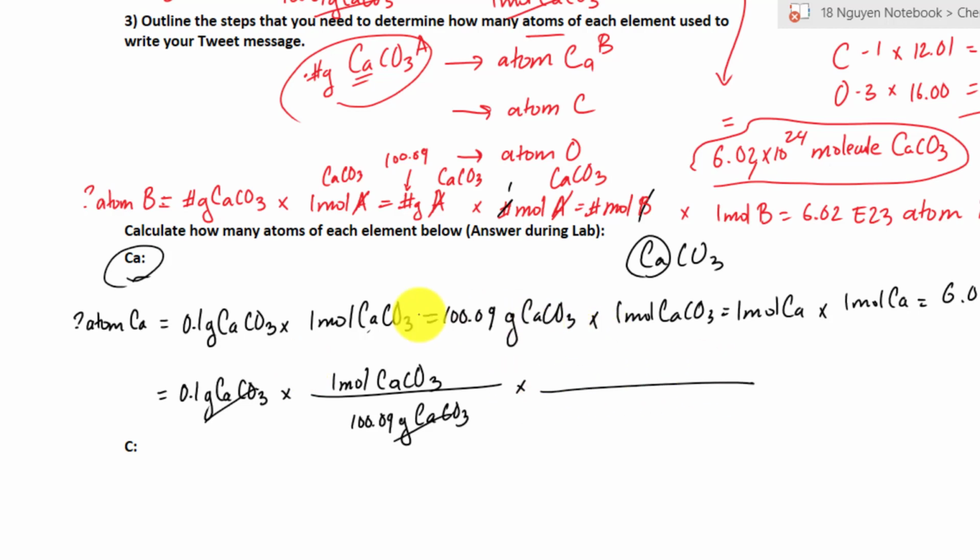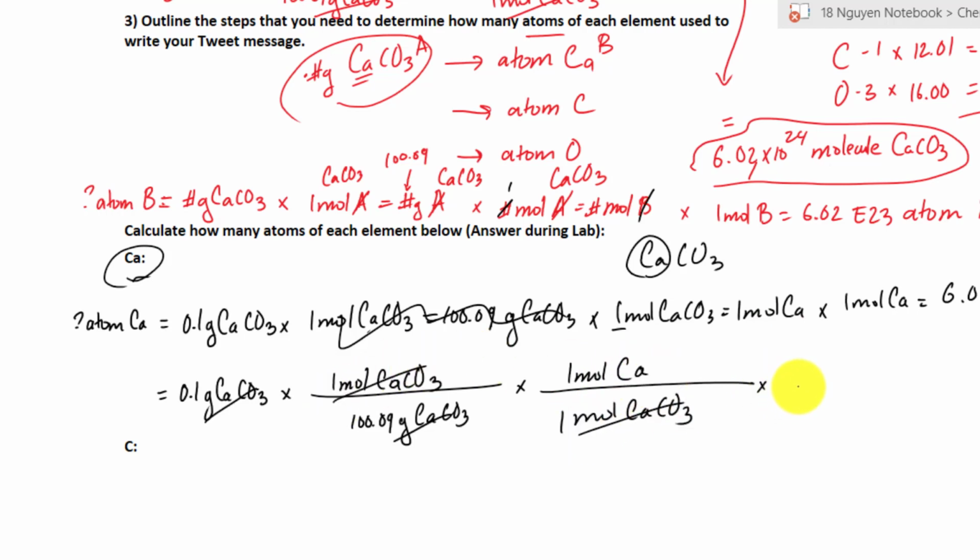So now we move on to the next conversion factor. This one is done. Now we have moles of calcium carbonate, so moles of calcium carbonate must be on the bottom. And how many? 1. And on top is the leftover, which is 1 mole of calcium. It makes sense, moles of calcium carbonate cancel out.